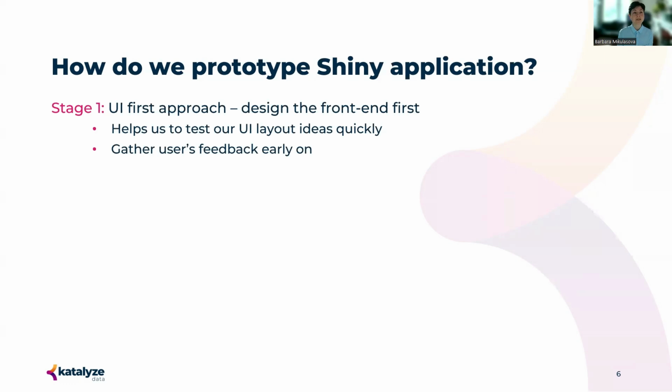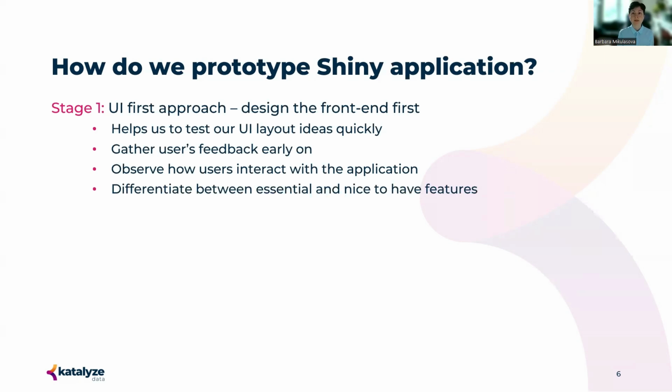We can also gather users' feedback early on in the process. This will allow us to observe how our users interact with the application. We can also then differentiate between essential features and nice-to-have features of our application. At the end, we'll be able to conceptualize the complexity of the end product, which is our application.